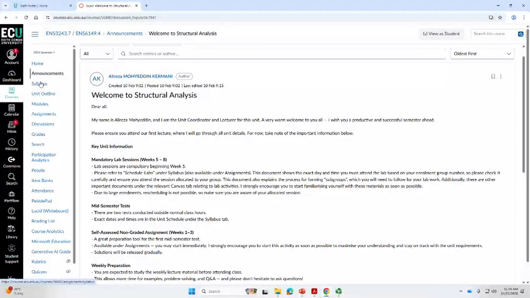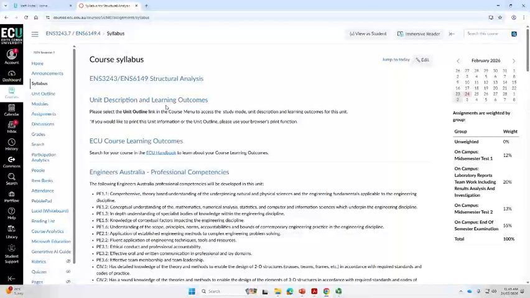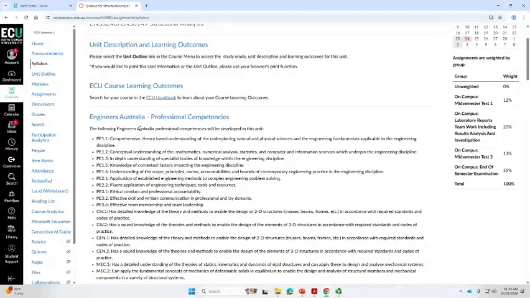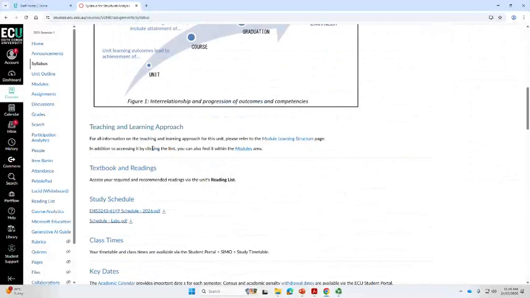Have a read. This is where you can access some general information about the unit, including EA competencies that we address in this particular unit. These are the competencies that you will hopefully acquire by the end of this semester.